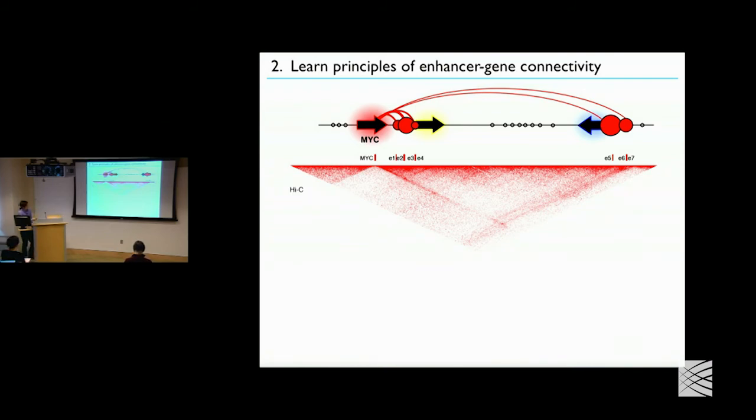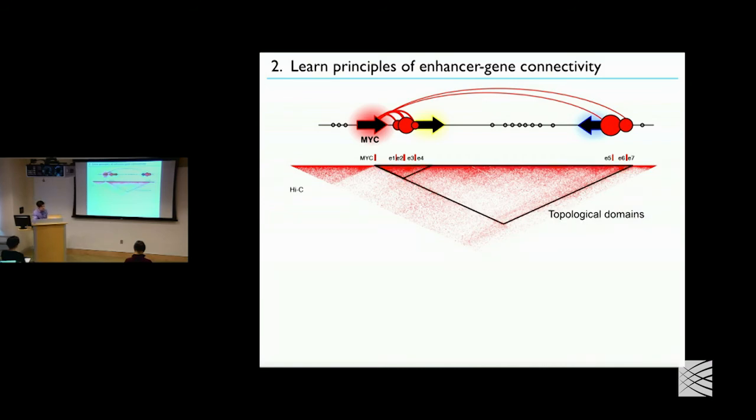So one of the hypotheses in the field has been that you should care about what are called topological domains, which, as you can see, are regions where there's increased frequency within the domain relative to, say, between domains.